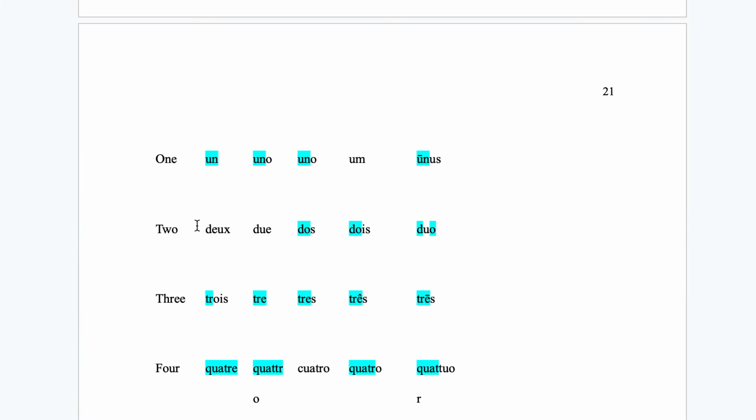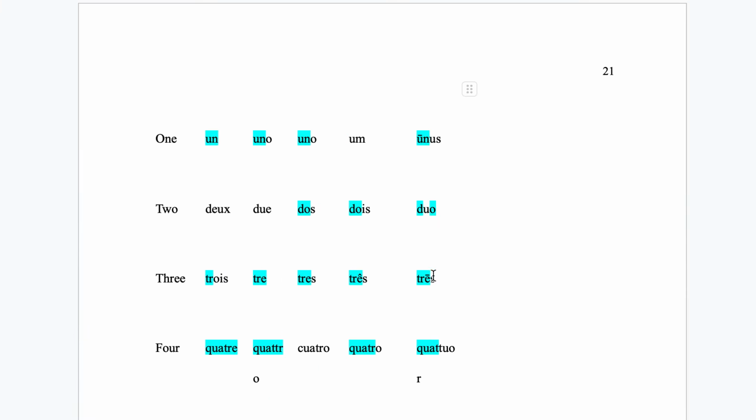Each of these has some sort of 3, T, R, E, even English has that. So it's all the same. Each language can understand TRE.